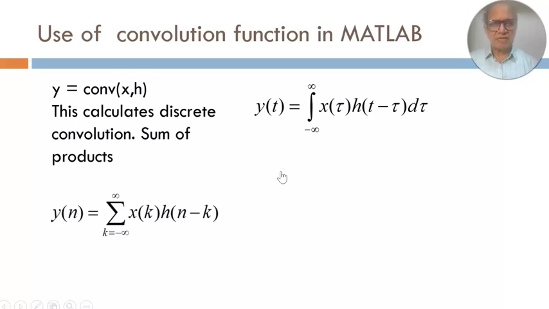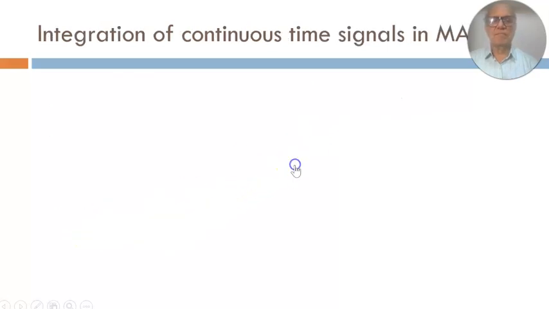First we will study that technique, and through it we will understand how to calculate the integral numerically, and then we shall see how we can apply the result to the calculation of this integral. Okay. So let us start. Integration of continuous time signals in MATLAB. Obviously it's going to be approximate because essentially it's a numerical calculation.